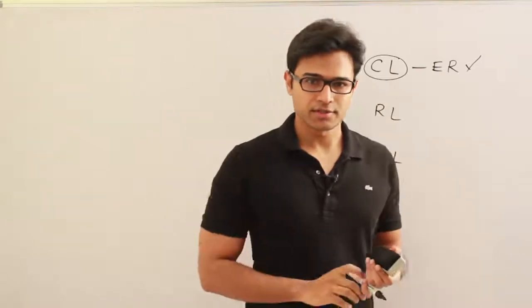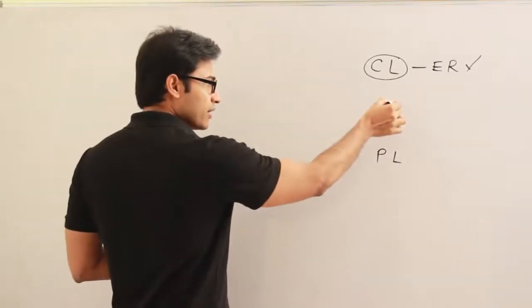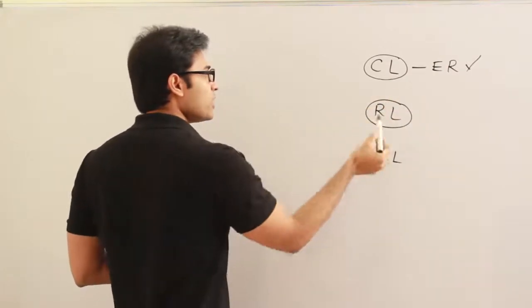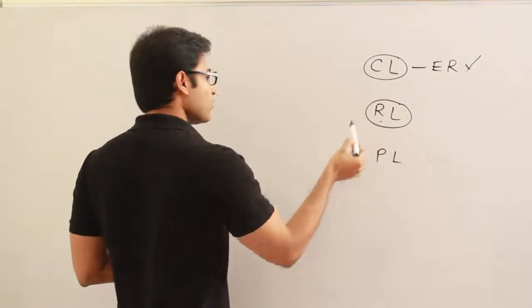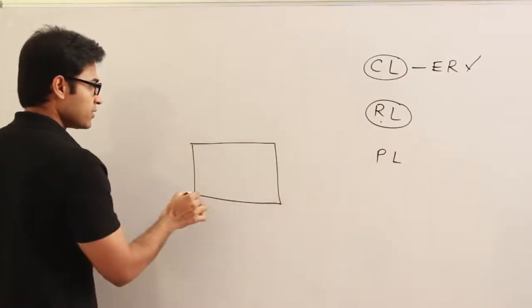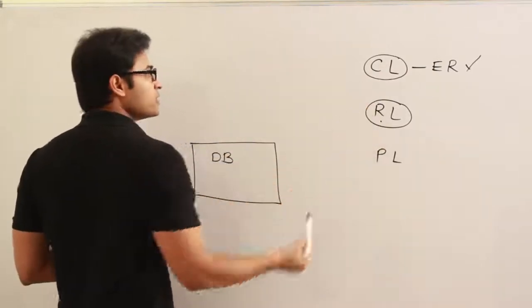act on this. For example, now at this representational level, we are supposed to choose a model, and depending on whatever model we use, we are going to assume that our data is modeled like this. So your database will become whatever model you are using here, right?